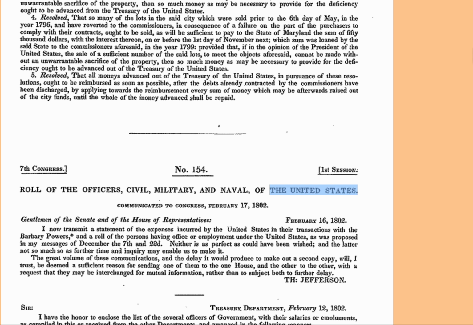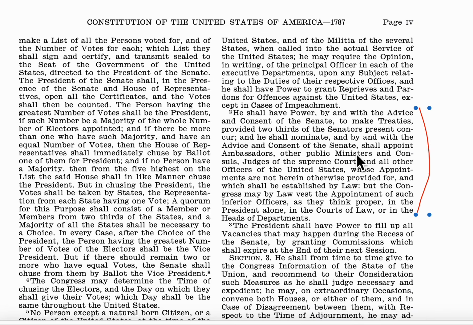And civil would be, like I showed you, the ambassadors, public ministers, consuls, judges of the Supreme Court, other officers of the United States, which would be the military officers. Appointments not herein provided for, established by law. And inferior officers, so could be non-commissioned officers, which would still be military.